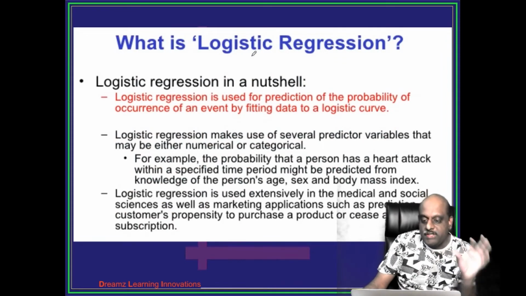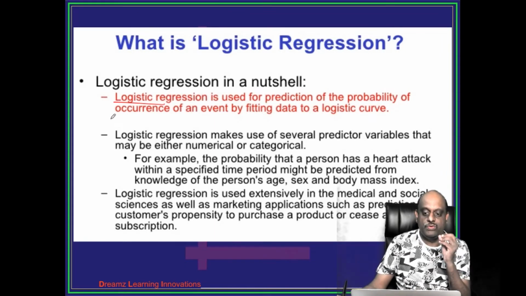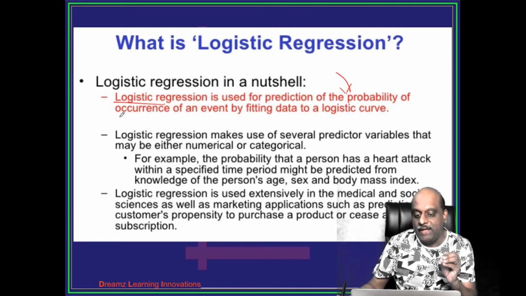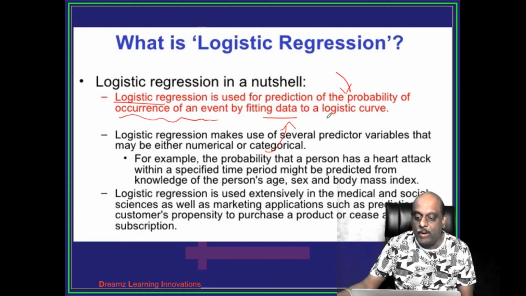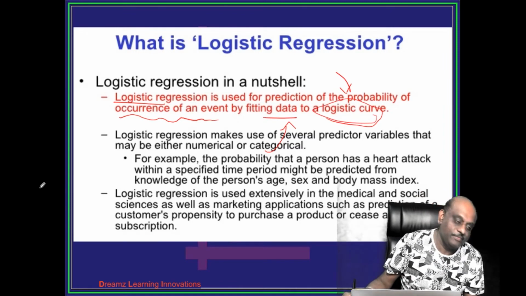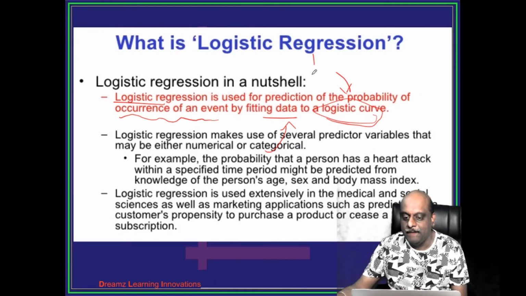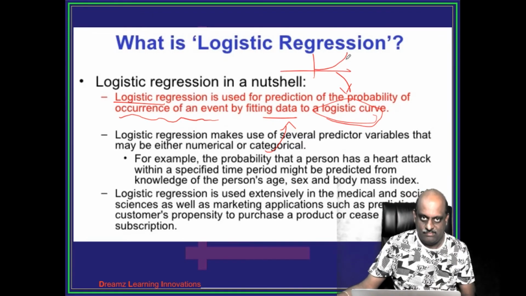Then what is logistic regression? Logistic regression is used to predict the probability of the occurrence of an event by fitting the data into a logistic curve. So what do we do in logistic regression? Already there is a standard curve.